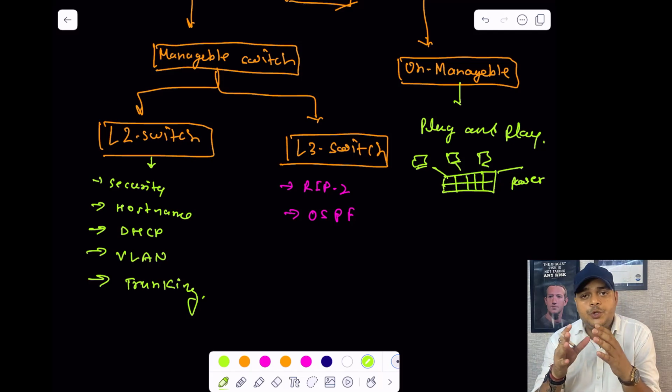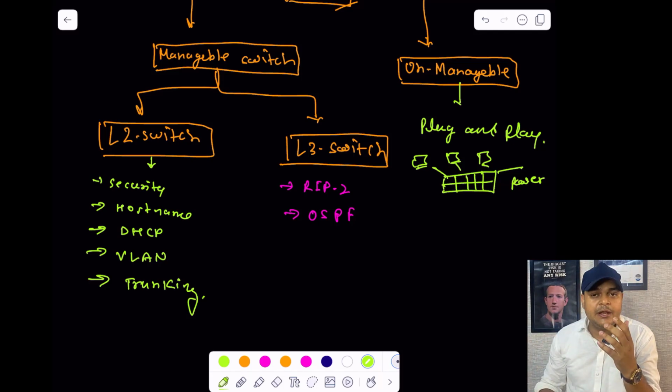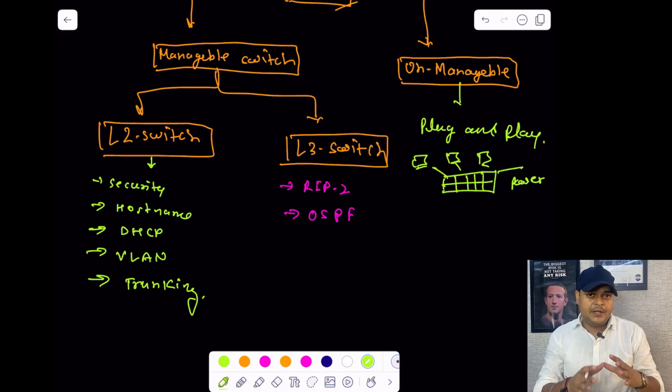Think about it, we don't have any security. We cannot block any port, we cannot create a host name or password, and we don't have the option to configure VLAN and DHCP. So these options are applicable only for layer 1, layer 2 and layer 3 switches, or you can say only for the manageable switch.